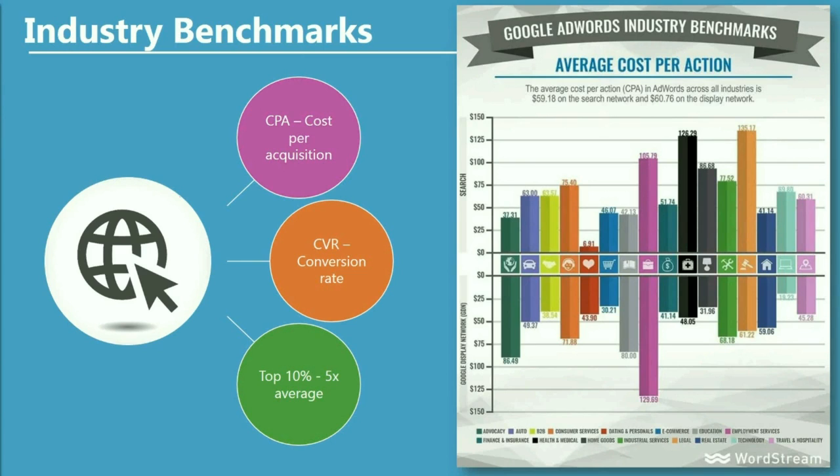To establish an average conversion rate, they benchmarked both search and display ads across 20 different industries. Some sectors that took part were automobiles, consumer services, finance, and so on. The study found that the average CPA in AdWords across all industries is $59.18 on search networks and $60.76 on the display network.